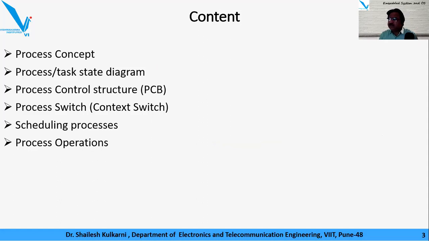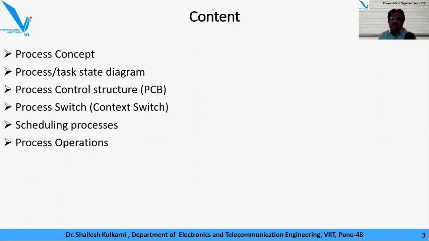What we are going to discuss in specific in today's session is the concept of process, the task or process state diagram, and the data structure upon which the scheduler works in order to manage the task or process.